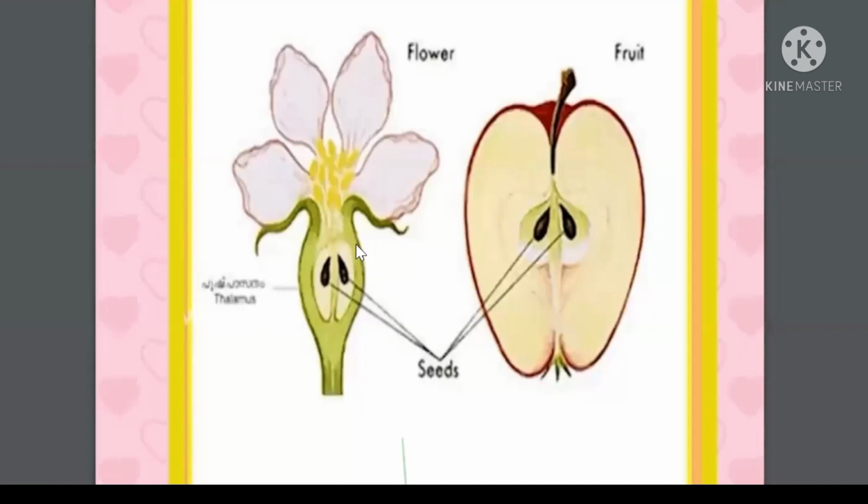But in the case of apple, the thalamus turns into fruit. So can you name this type of fruit? This is not a true fruit. So we can say it is a false fruit. It's not the true way of fruit formation. So we can call it a false fruit. Okay, right.